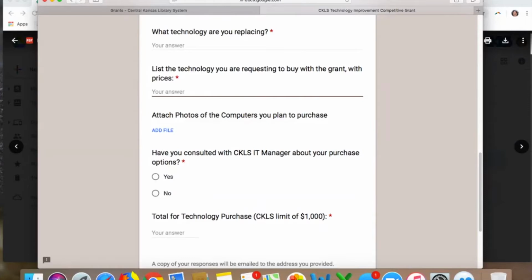It sounds like gobbledygook, 8 gigs of RAM and the processing speed, all that information we need. You should be able to copy it from the page. We're also asking for pictures. This is where we had somebody attach a web page, and it worked, but I had to do some finagling. So send it as a PDF, I think, would be the best way.